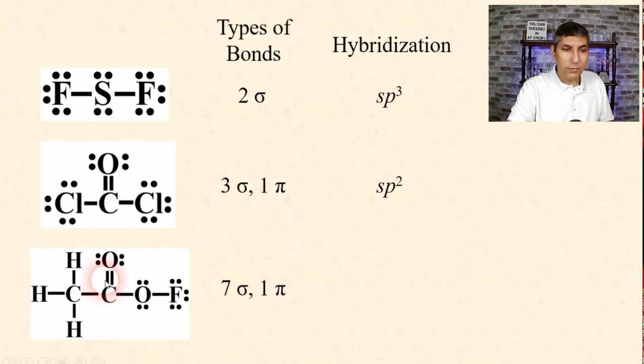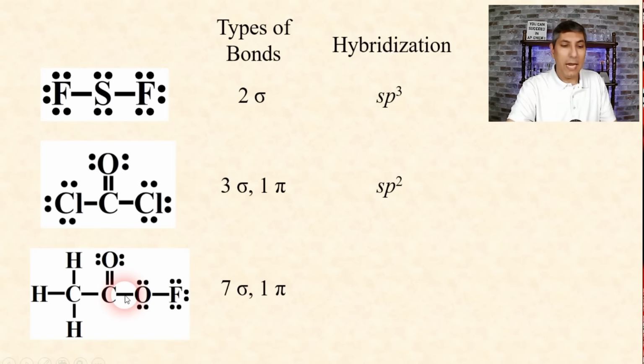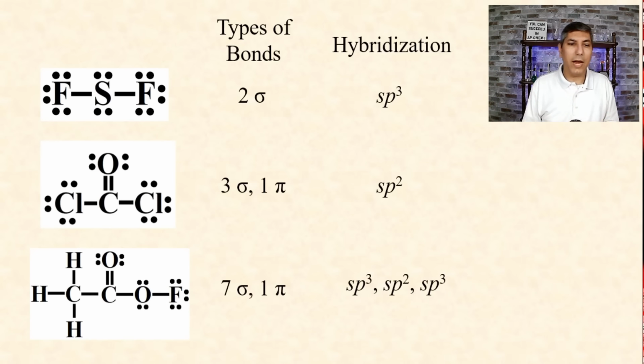Carbon number 2 has 3 electron domains. So that's sp2. And then the oxygen atom has 4 electron domains. 1, 2, 3, 4. So that would be sp3. There's no shortcut around that. You have to know the hybridizations and be able to give the hybridization of every central atom in a molecule when there are multiple central atoms.